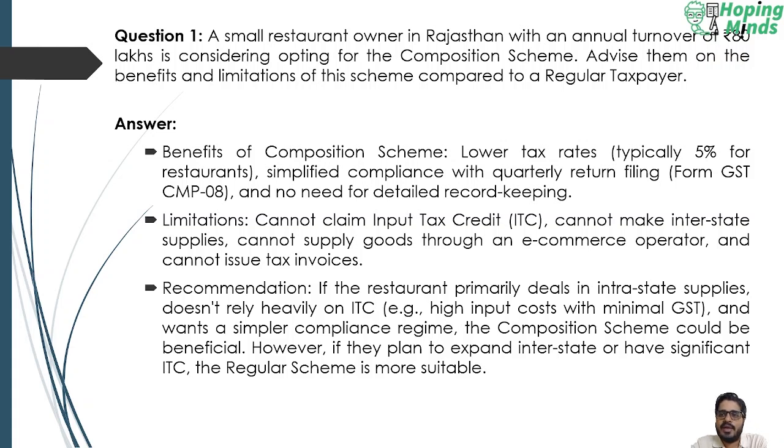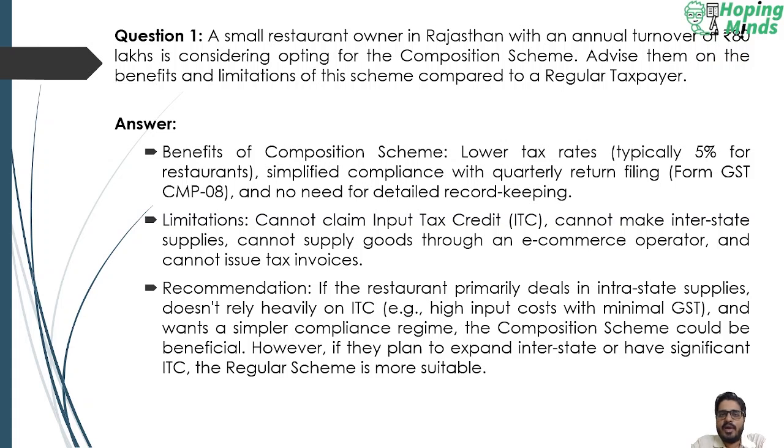So, in context with this question, benefits of composition scheme: lower tax rates, typically 5% for restaurants, simplified compliance with quarterly return filing, Form GSTR CMP-08, and no need for detailed record keeping. So, the compliances are very simple.